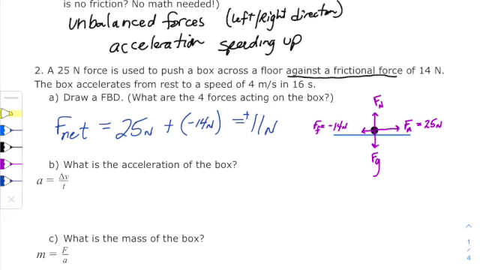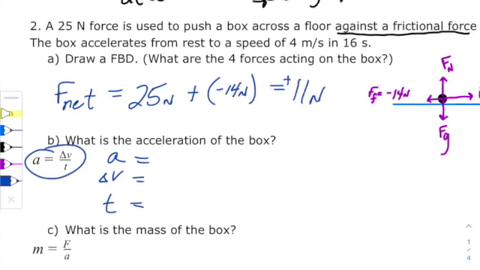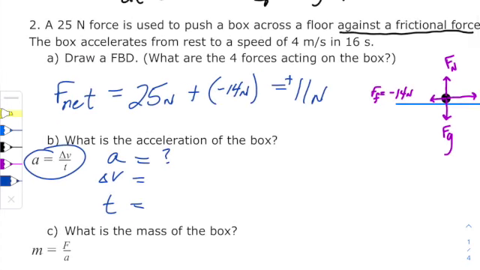We're going to find the acceleration of the box next. So let's go ahead and using this equation here, we're going to put acceleration, change in velocity, and time. So acceleration is what we're looking for.